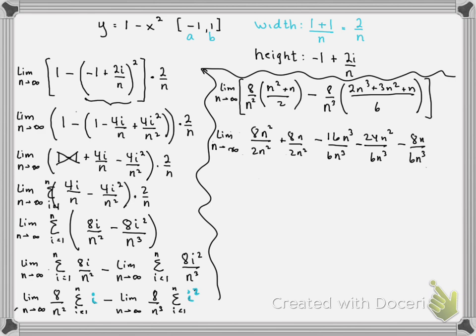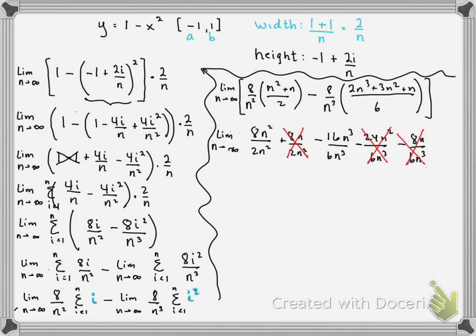Okay, so any of these values where we know we're going to end up with an n in the denominator when we reduce everything else away is just going to go to 0, which is all three of those. So as n approaches infinity, 8 divided by infinity is 0.